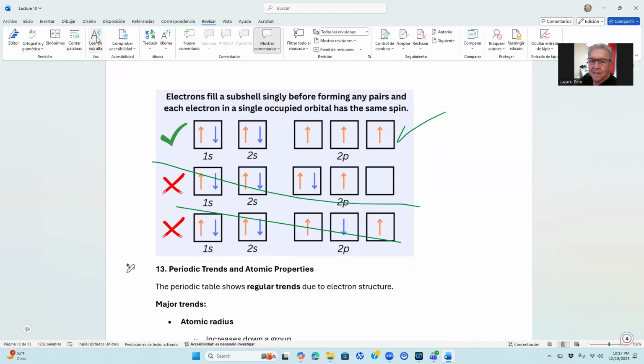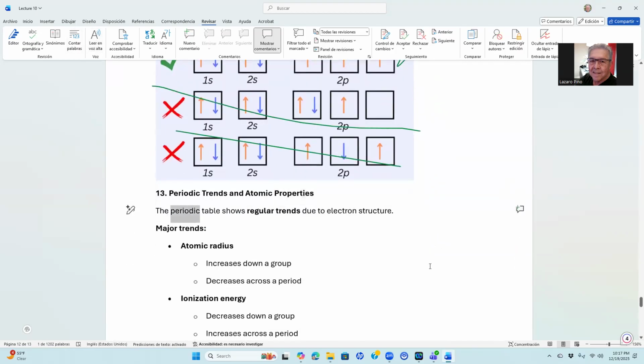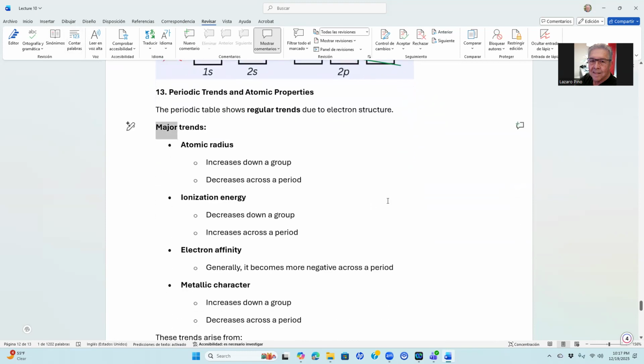Periodic trends and atomic properties. The periodic table shows regular trends due to electron structure. Major trends: atomic radius increases down a group and decreases across a period. Ionization energy decreases down a group and increases across a period.